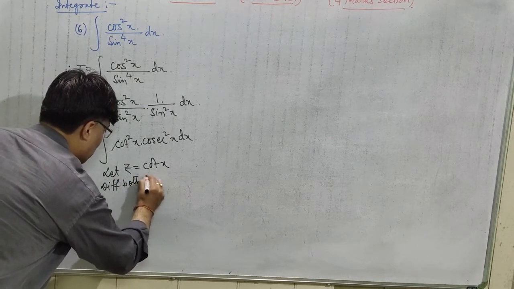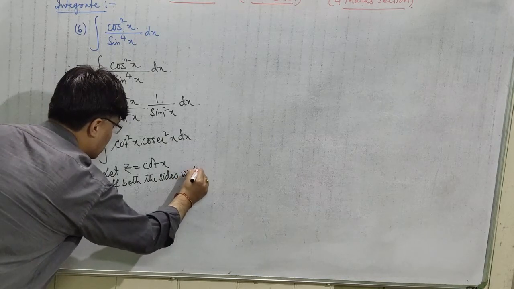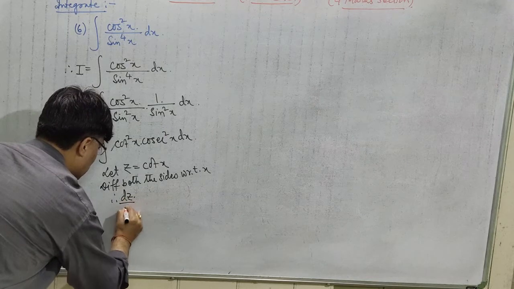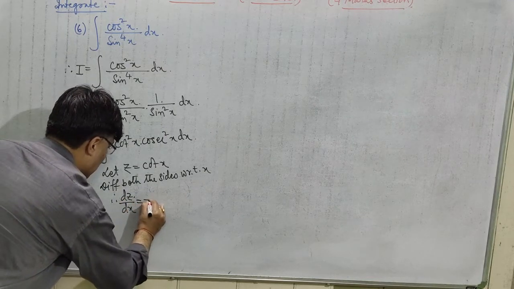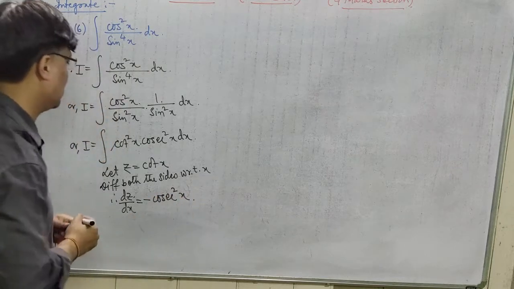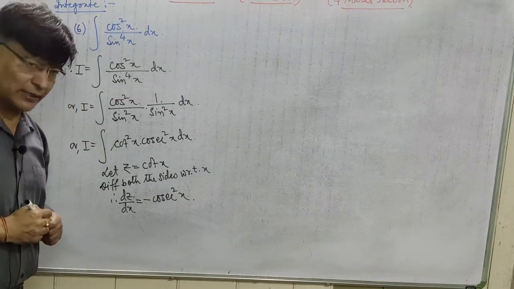So let us write here, differentiating both the sides with respect to x. So it is dz by dx is equal to minus cosec square x. dz by dx is equal to what? Minus cosec square x.